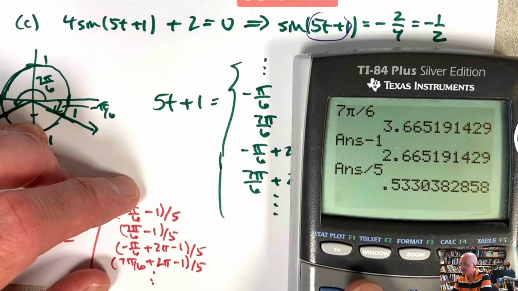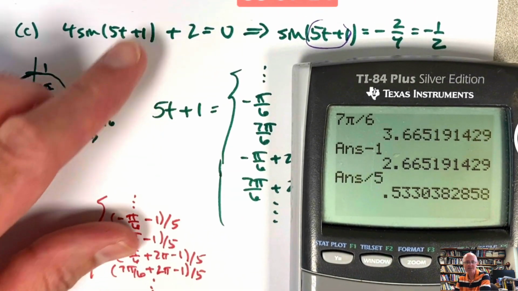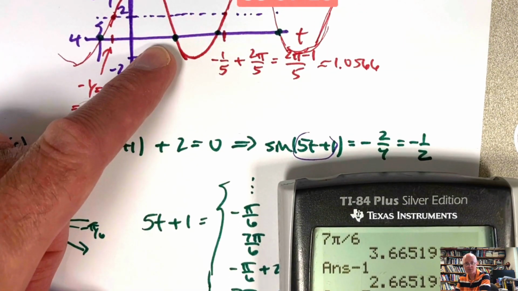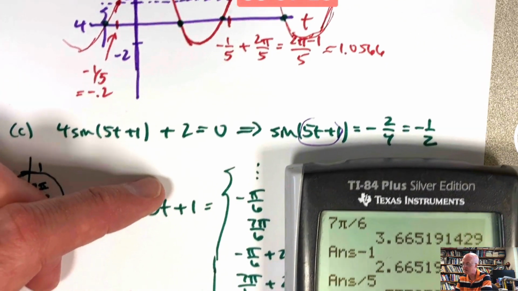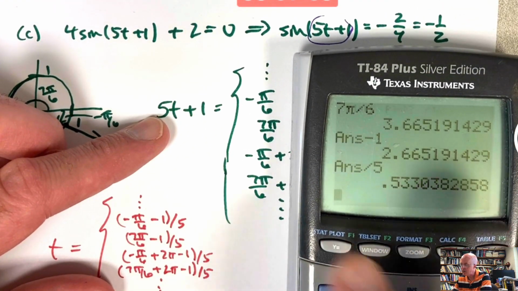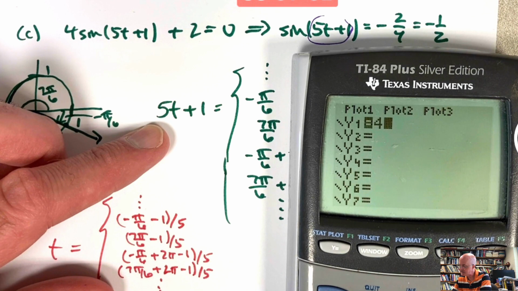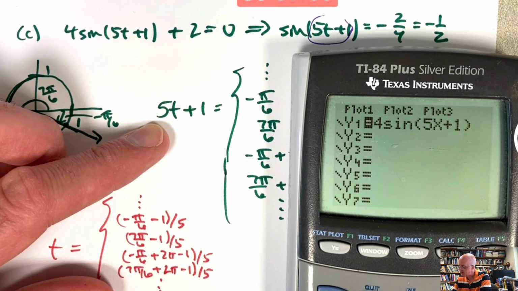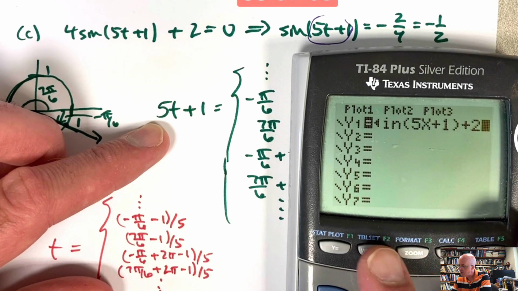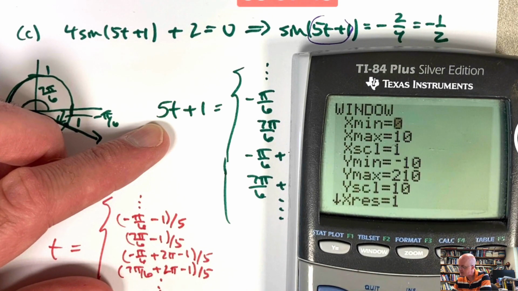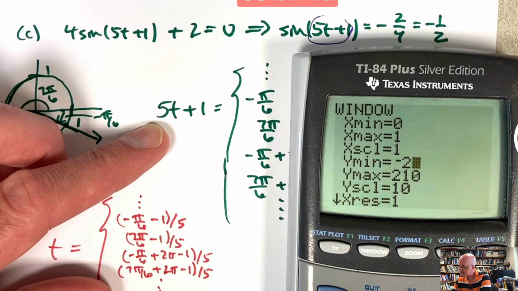Let's graph the function and see if that seems to be a place, perhaps right there where the graph crosses the horizontal axis. Go to my y equals screen. 4 sine of 5x plus 1, then plus 2. Window, let's go from just 0 to 1, just to see that intersection point. Maybe on negative 2 to 6, although I could zoom in.